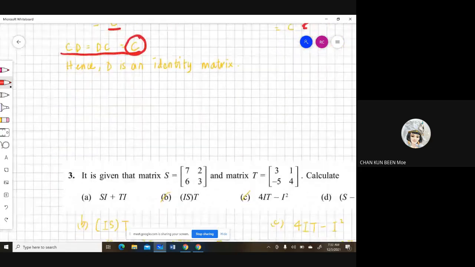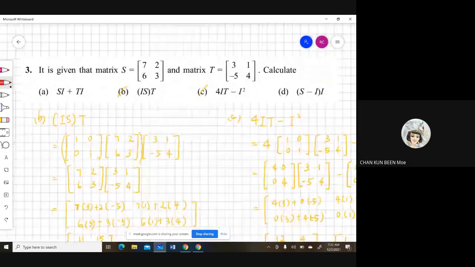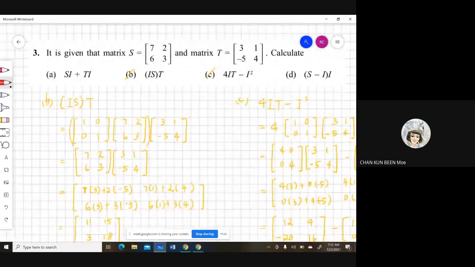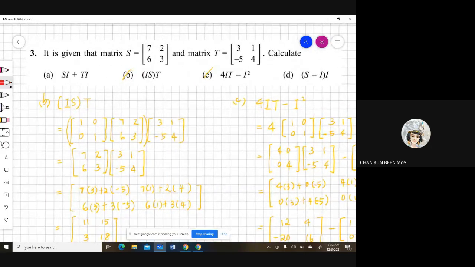We continue with question number 3. For question number 3, you're given matrix S and also matrix T. So I just asked you to do question B and C over here. You have to find out in bracket IS multiplied by T. So what you are going to do, you are going to replace the value of S, the identity first, then followed by the matrix S, followed by matrix D, but then this one in bracket.